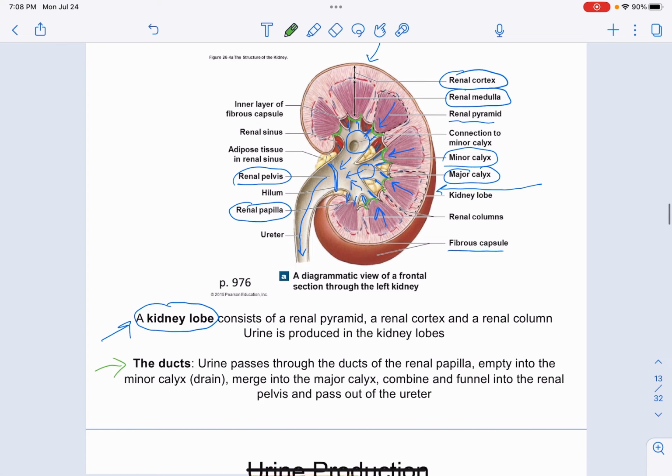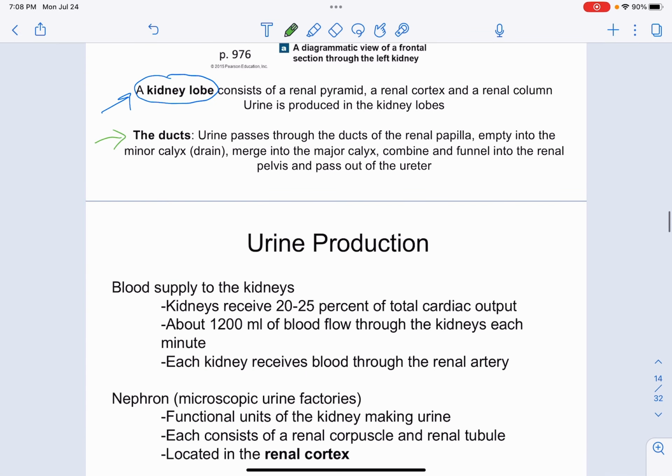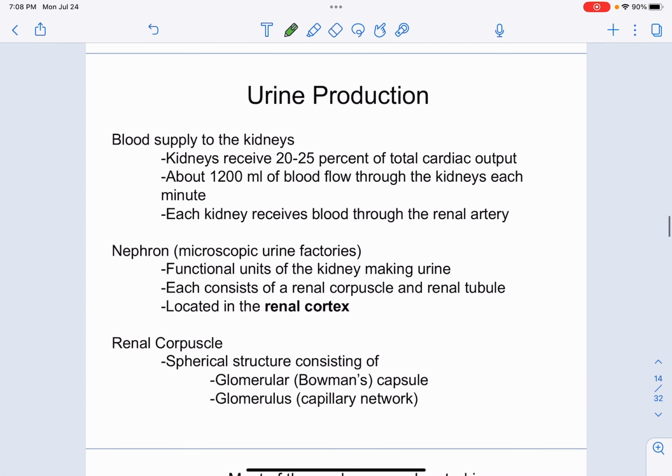All right, let's move on. So, urine production. And now this is where it's going to get a little bit more technical, but we're going to work through it nice and slowly. So, as I was saying, the whole job of the kidneys is to filter our blood.